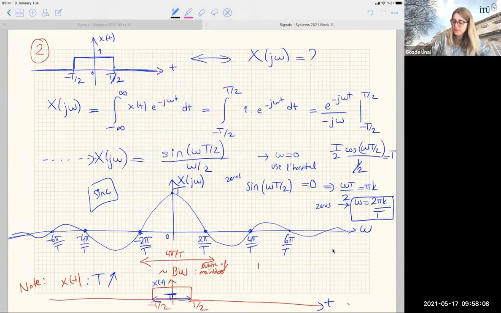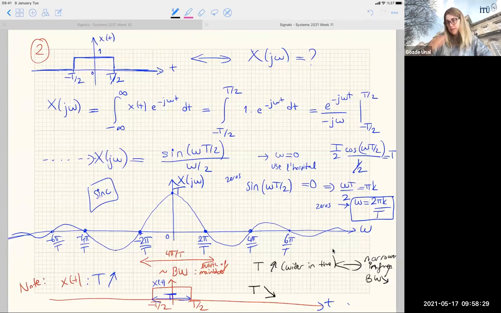As t increases, so it gets wider in time, you see narrower in frequency. Narrower in frequency. Why? Because bandwidth gets smaller. And vice versa, as t, the time extent, gets reduced, the bandwidth of the signal in frequency increases, right? The same relation we can note here.